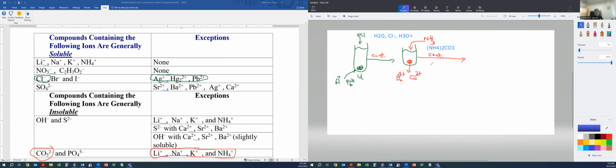And when I centrifuged, these guys I tested with a flame test.